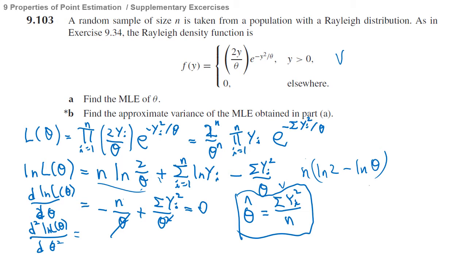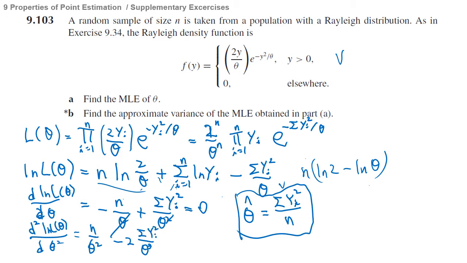For this one, plus n over theta square, and here is minus 2 over theta third sum of yi squared.